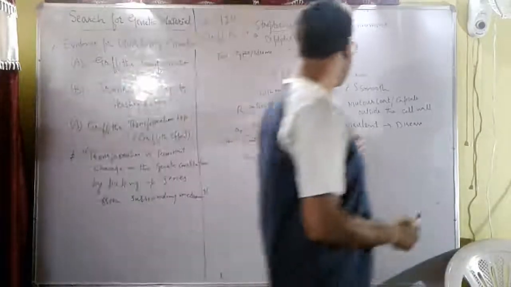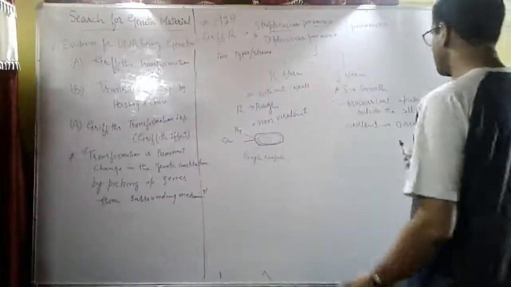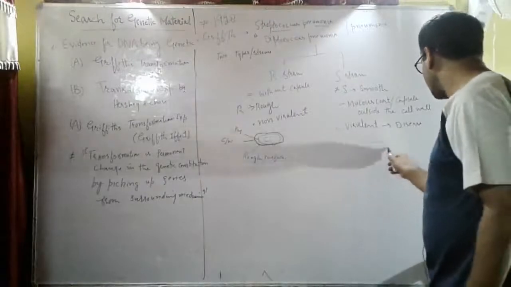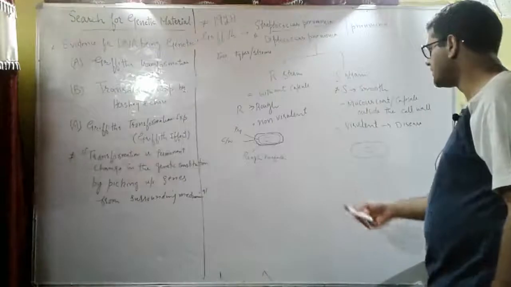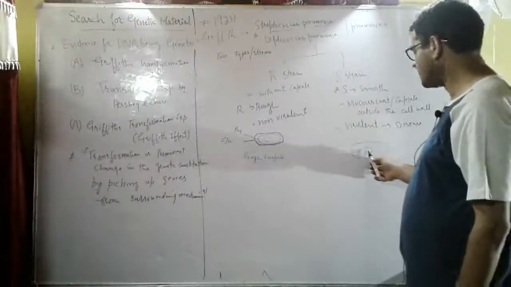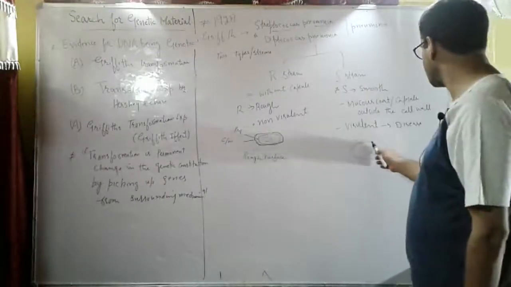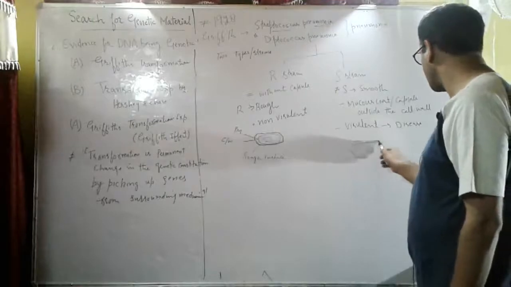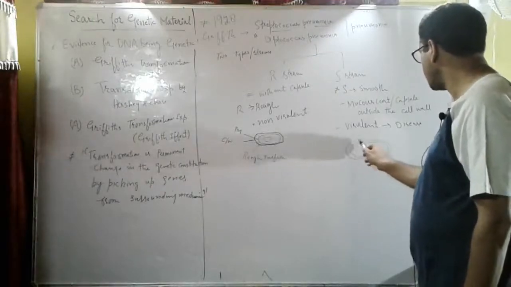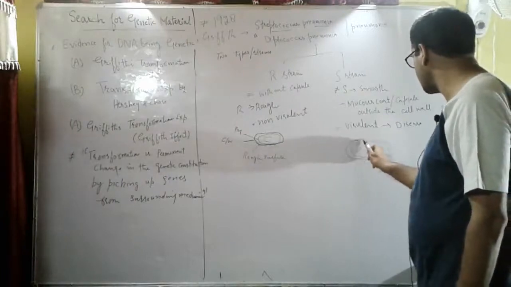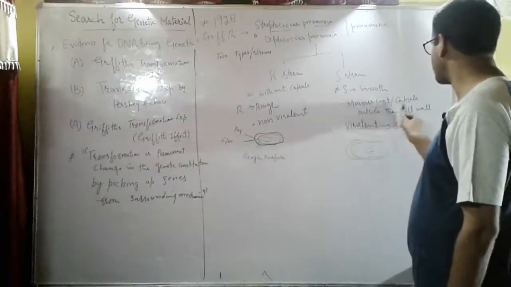Well, in this type of Streptococcus pneumoniae, we have this nucleoid, the genetic material. This is the plasma membrane. Obviously this is the cell wall outside the plasma membrane, and outside this cell wall there is a mucus coat or capsule.